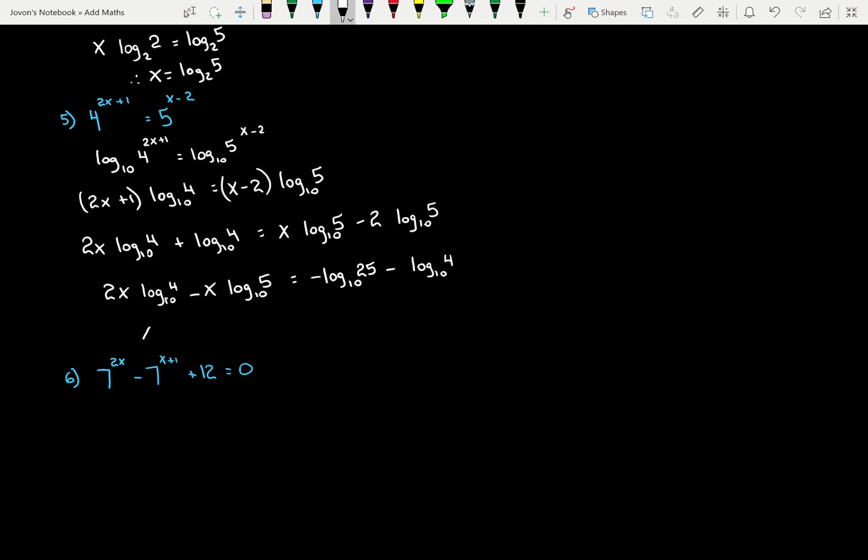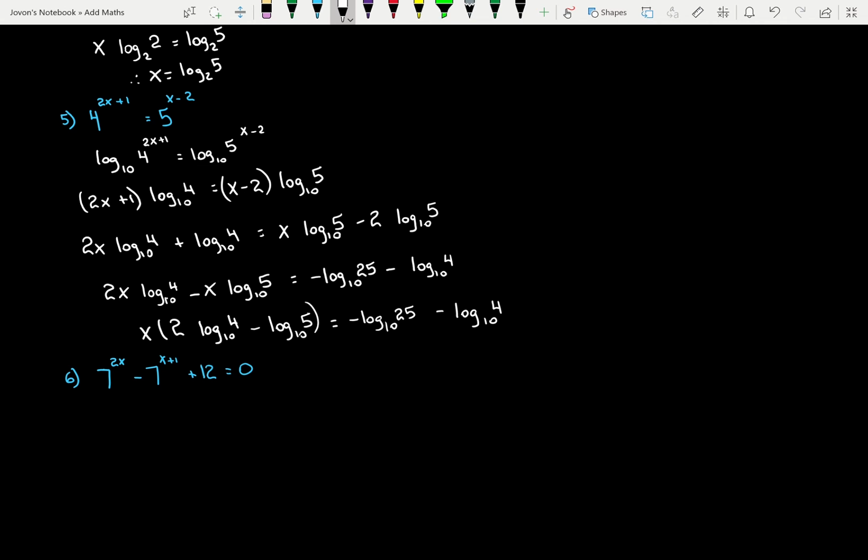So we factor out x, so it becomes x times 2 log 4 to base 10 minus log 5 to base 10, which is equal to minus log 25 to base 10 minus log 4 to base 10.